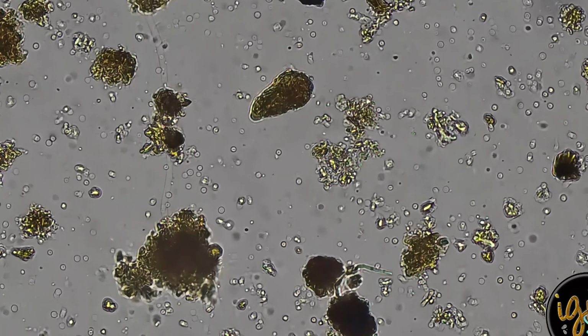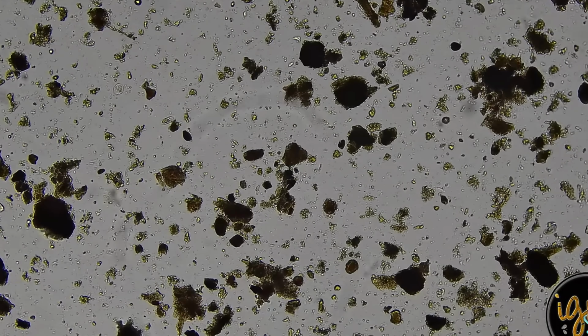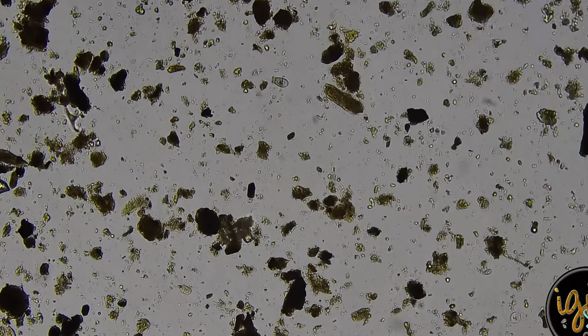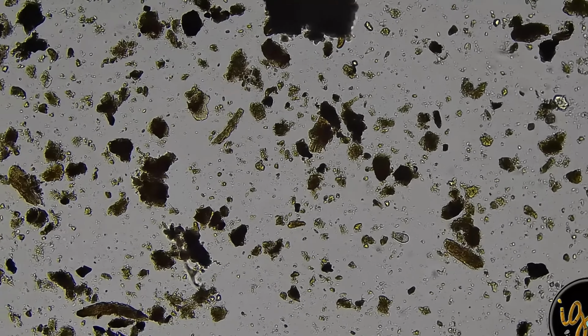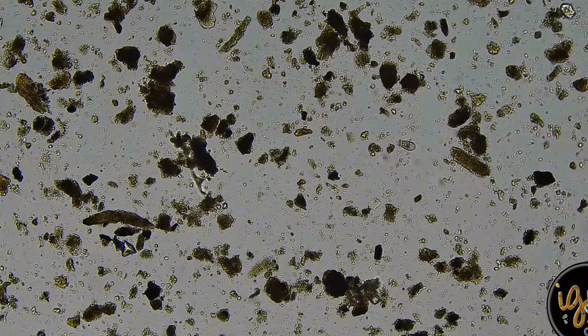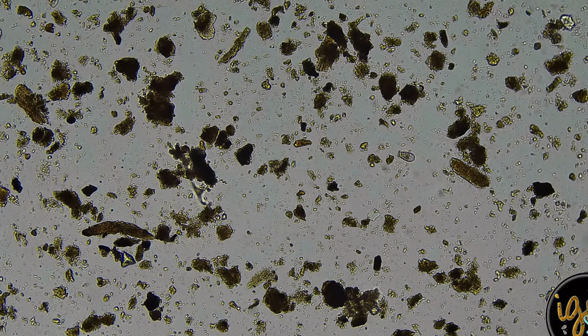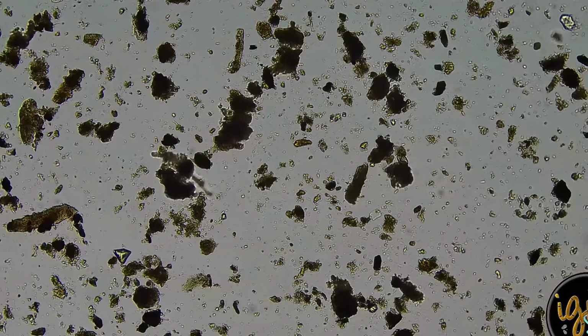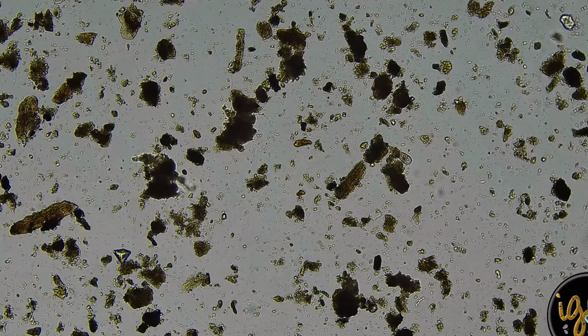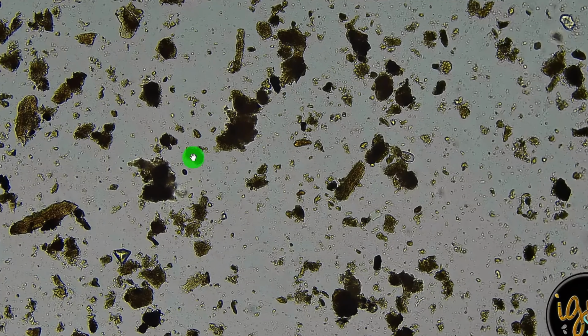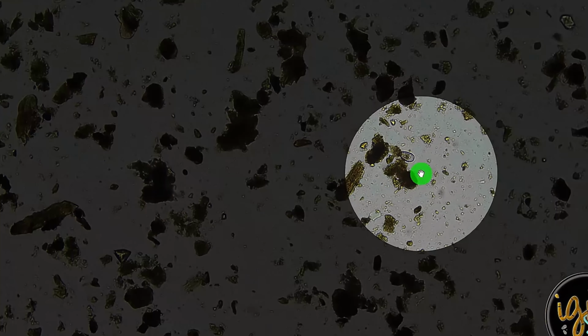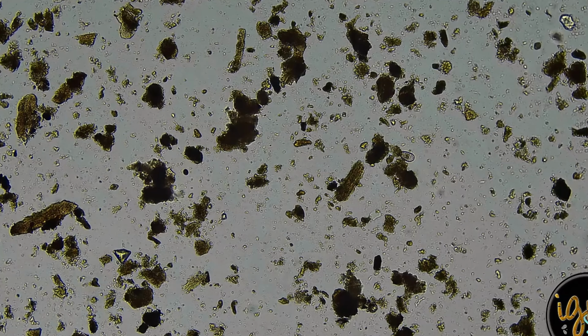Bacteria is present, definitely dense. Sorry. Oh, how did I do that? There's another testate amoeba right there. We'll keep moving.